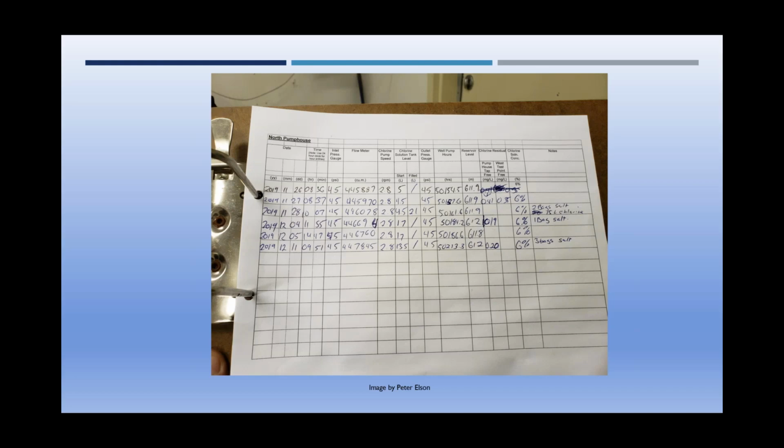Same thing when he looks at his pump hours. He doesn't have a place to indicate how many hours the pump pumped between those two sample dates, and really another line to say how much flow is going out of each of those pump hours to tell you whether or not everything's functioning as it should.